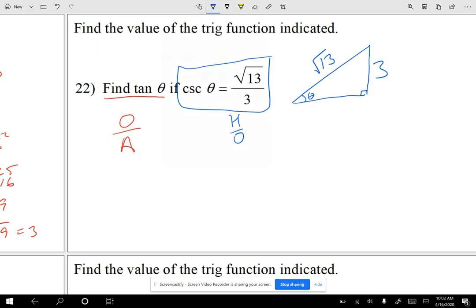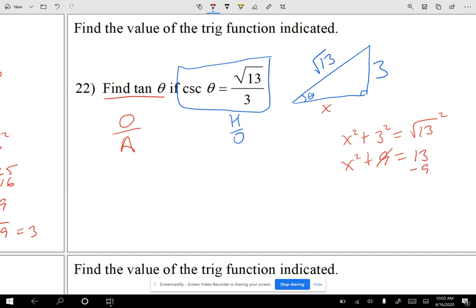Okay, so I need adjacent and opposite. I need to solve for x, since I don't know the adjacent side. So I'm going to say x squared plus 3 squared is equal to the square root of 13 squared. Remember, the hypotenuse in this case is radical 13. So I have x squared plus 9 is equal to 13.